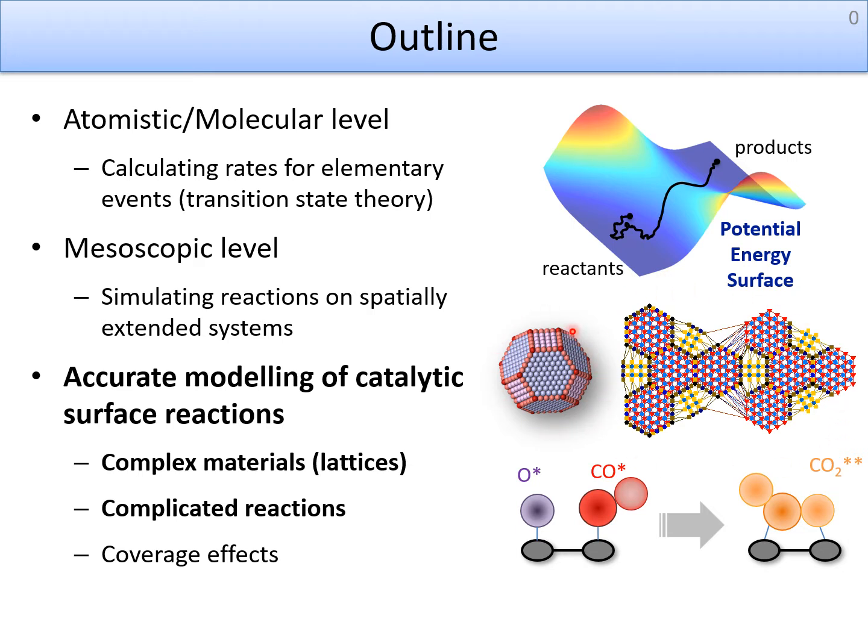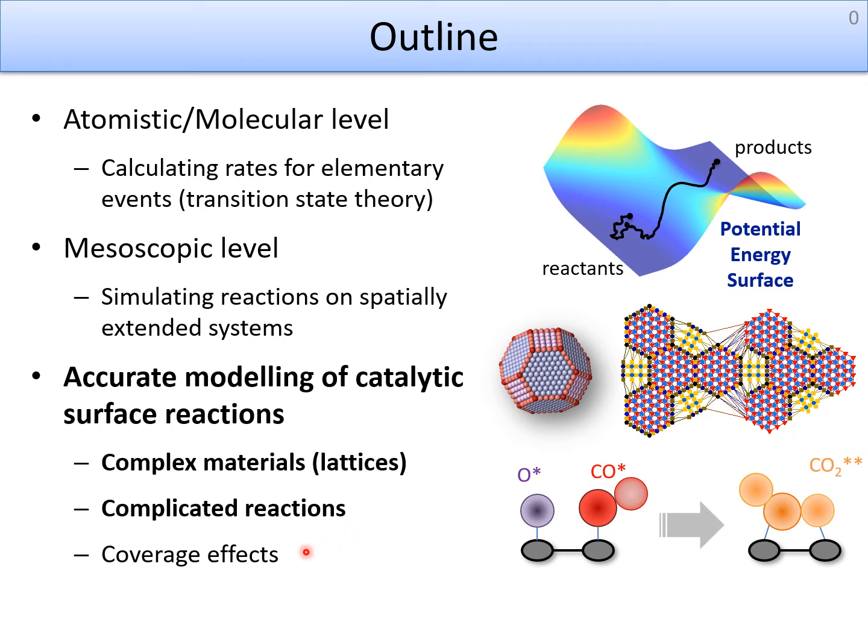For instance, complicated structures like this nanoparticle would have to be captured using some custom lattice structure. Then we can have complicated reactions which may involve several sites, more than 2 sites, for example. They may involve species that are multidentate, which bind to more than one site.